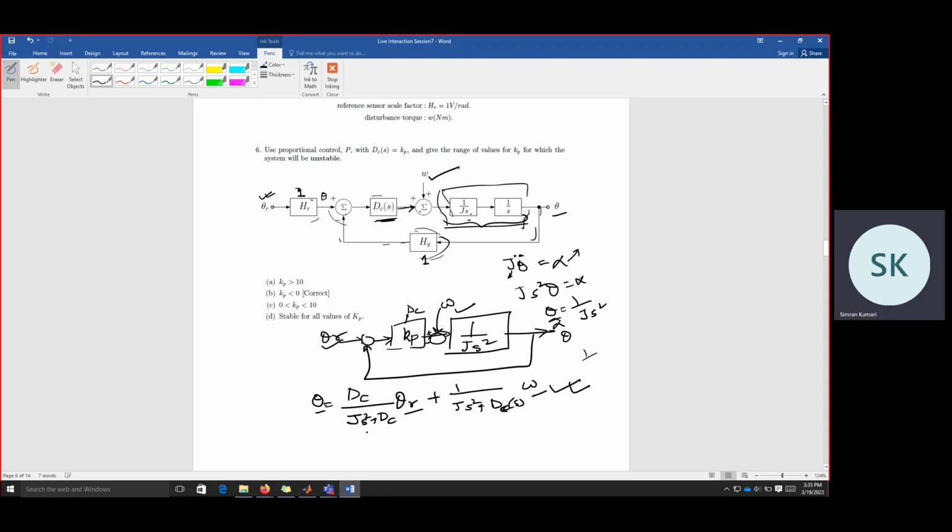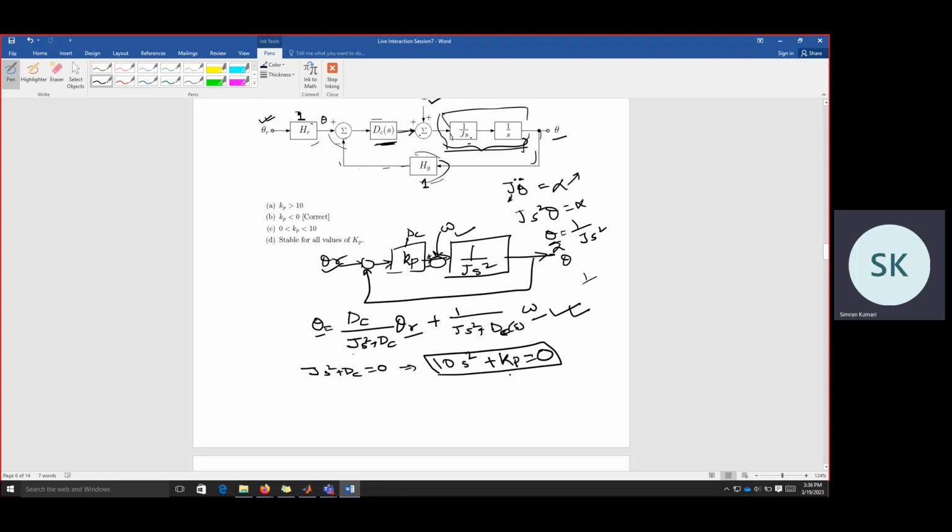Now, what is the characteristic equation? We can say that it will be Js square plus Dc equal to 0. So J is 10 s square. Now we have this proportional controller, so Dc is equal to Kp. So for this equation, what are the roots?